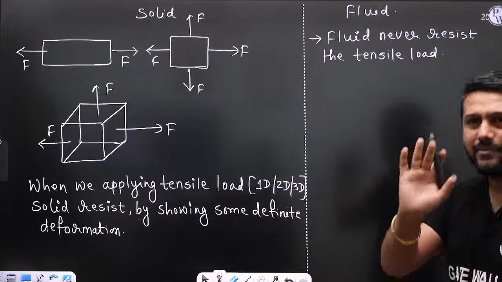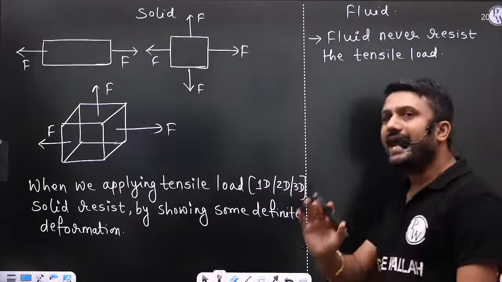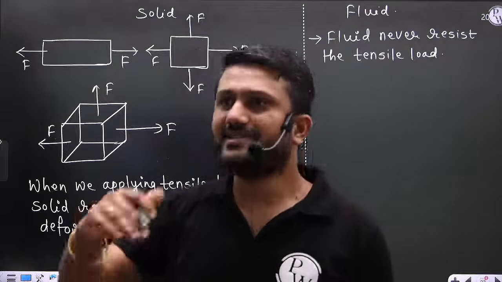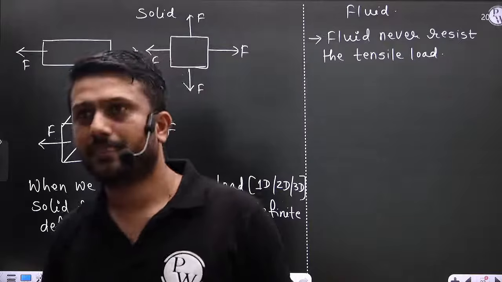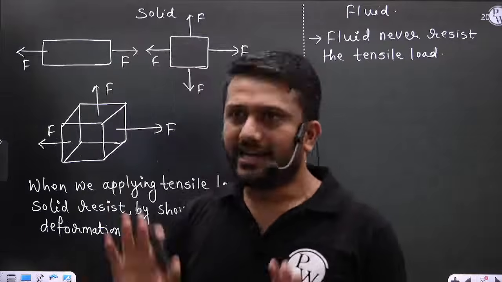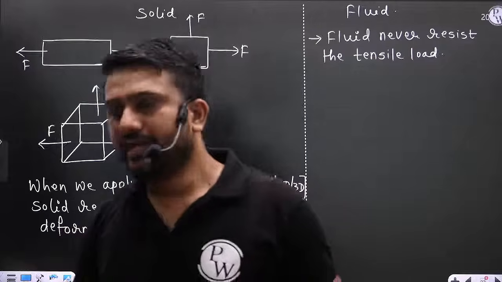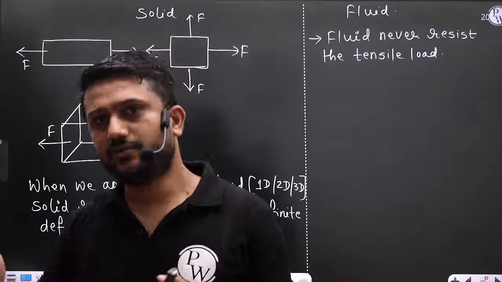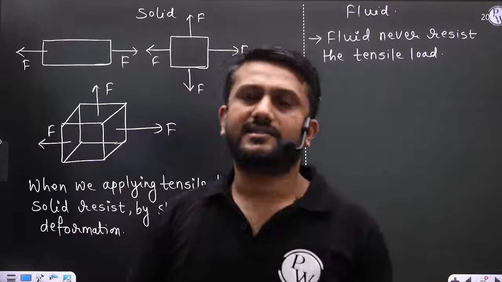Right? There is some exception, and that exception is the surface tension force. But surface tension force is a minor force. That is not a major force. We will discuss surface tension later on. But right now, some students might be thinking about the surface tension force, because it is a tensile force, so yes, sir, the fluid resists that surface tension.